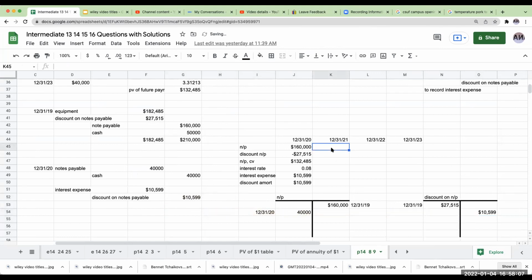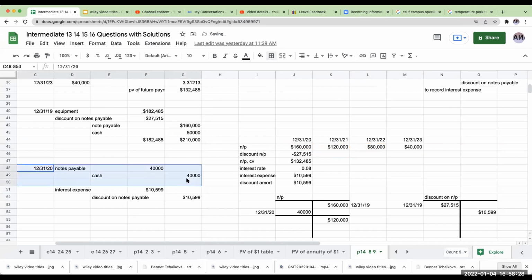So when I get to 12/31/21, this is where I can sometimes get tripped up, is that my notes payable balance now is at 120,000. So my note payable is going to be decreasing by 40,000 every single year. And why is that?